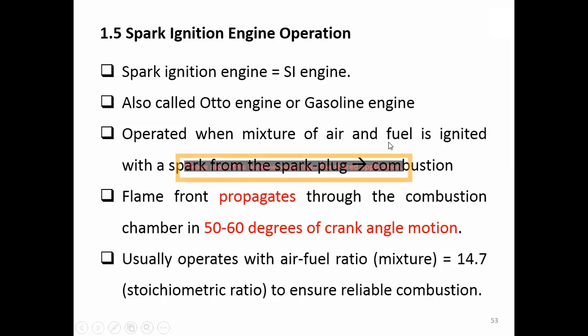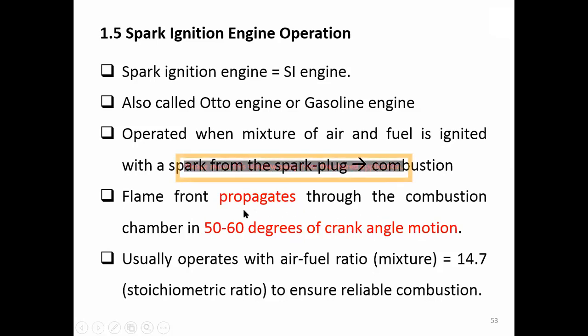When combustion happens, we have a flame, and this flame will travel. What we are concerned with is the flame front, how far or how long it can travel through the combustion chamber. The time it takes to travel is 50 to 60 degrees of crank angle motion.